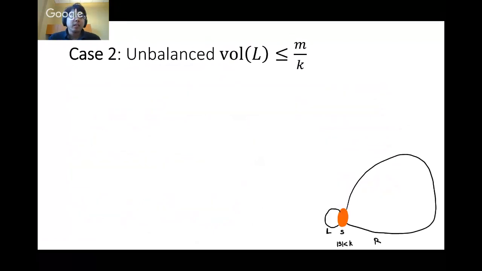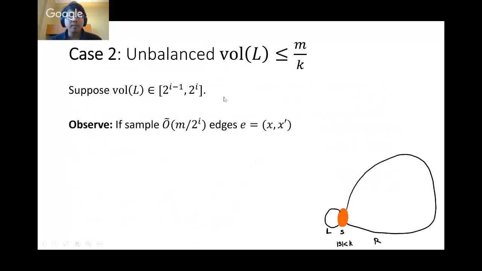The next case is when the cut is not balanced. So L is so small. Suppose that the volume of L is something like 2 to the I. The idea is kind of the same.